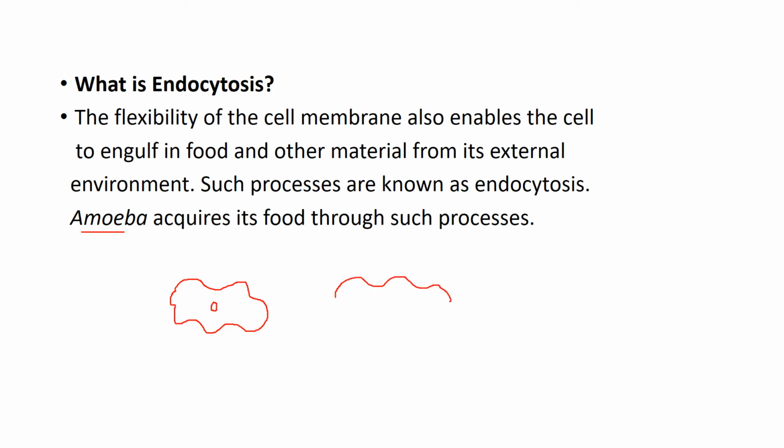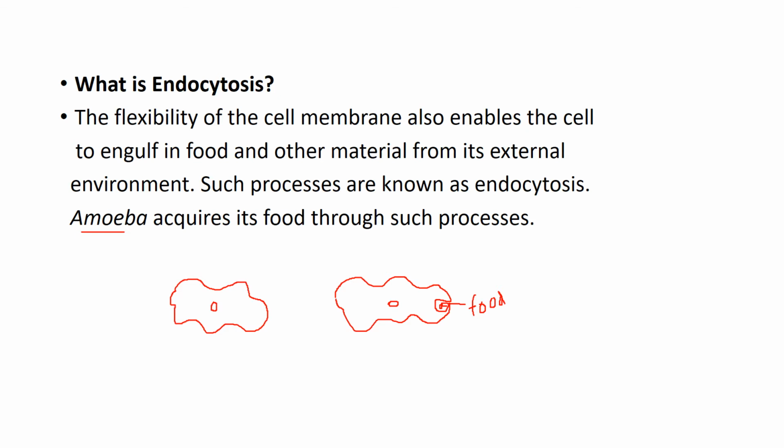It enlarges like this, and from here the food goes in. Suppose here is a food particle. So it takes its food by enlarging the pseudopodia, and this process is known as endocytosis. This is an important question: what is endocytosis?